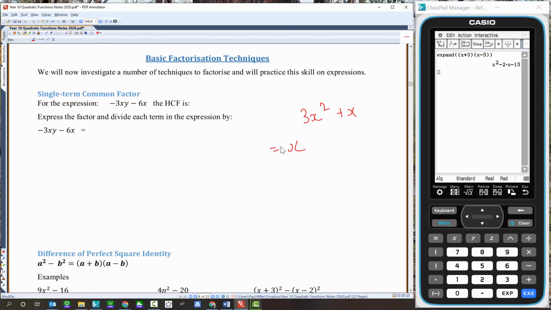Here we pull out x as a common factor. Then think about what in this position would make 3x squared. Well, that's just 3x. And what in this position would make positive x, which would be a 1. And that would be called fully factorized.